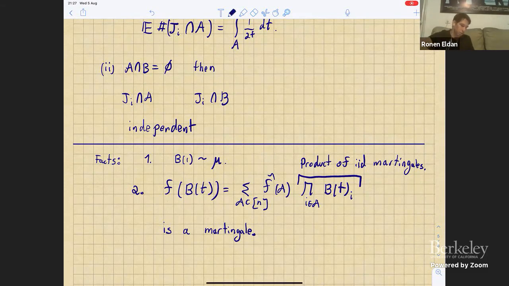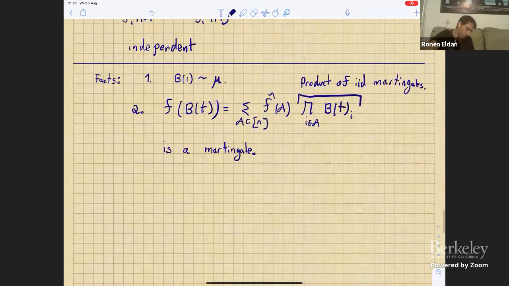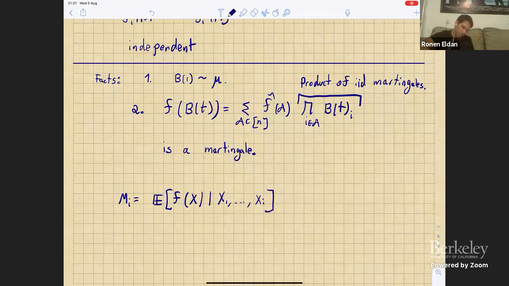So we can look at the martingale M_i to be the expectation of F at x, which is uniformly distributed, conditioned on x_1 up to x_i. I put this in brackets. We're not going to do this, but you've probably seen at least one proof where this is what you do.